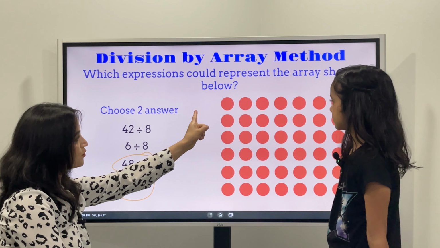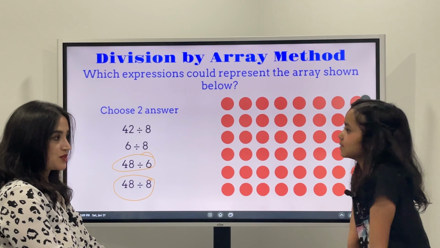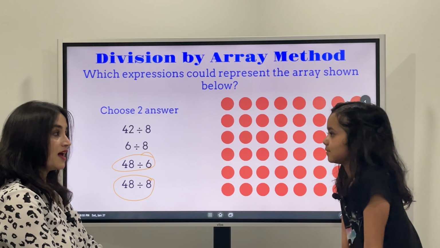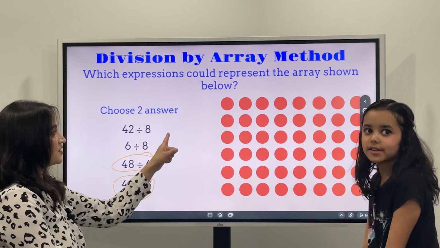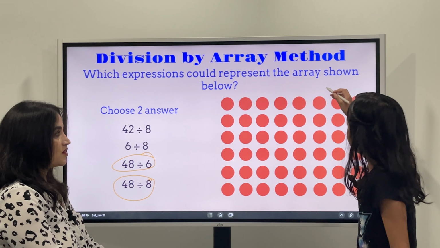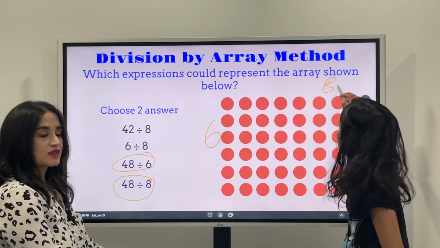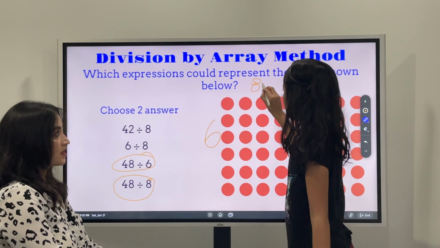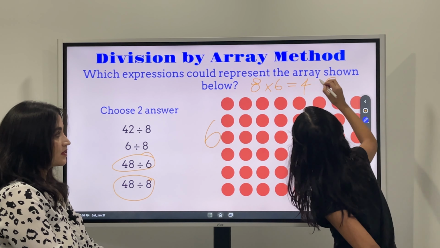So you went with the column and then rows, right? If you multiply 6 times 8, it'll equal 48. So this is an 8, this side is a 6. If you do 8 times 6, that'll equal 48.